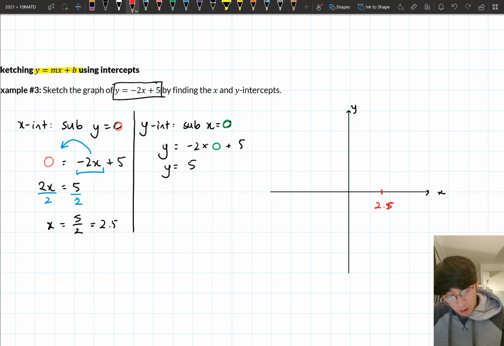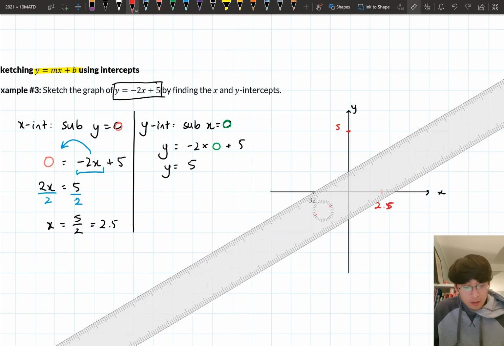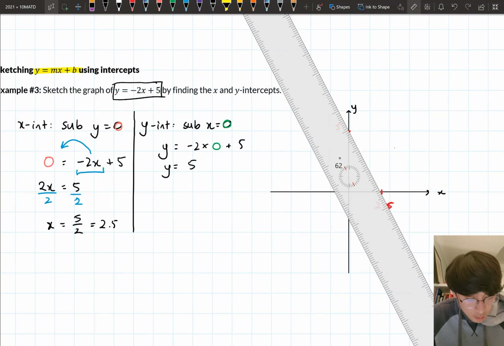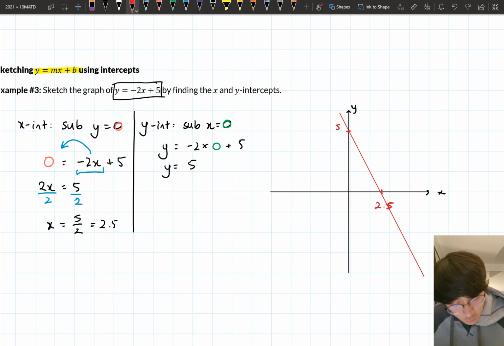So I'm going to go into my y-axis and put in a y-intercept of 5. Once I've done that, all I need to do is draw a straight line through it, like this. And here we've drawn our linear relationship, y is equal to negative 2x plus 5.